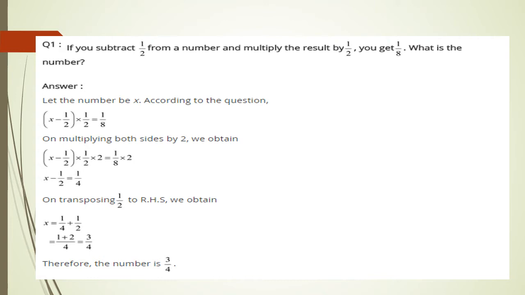If we subtract half from a number, it means x minus half, and the result is multiplied by half, into half, you get 1 by 8. What is the number? We want to find what that number is.